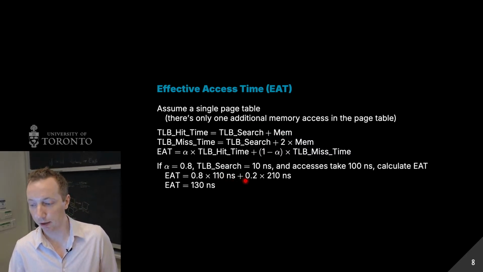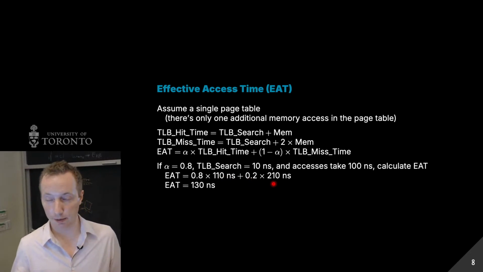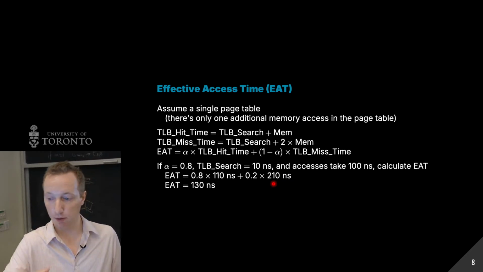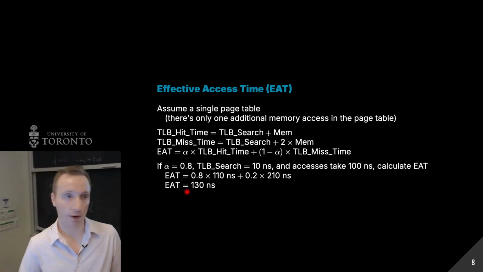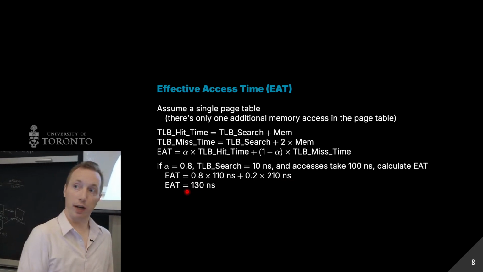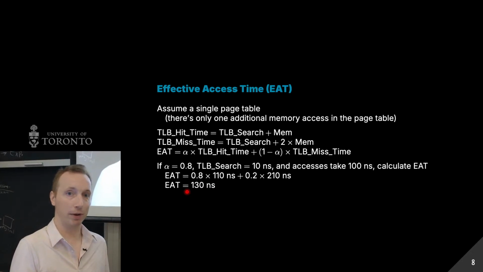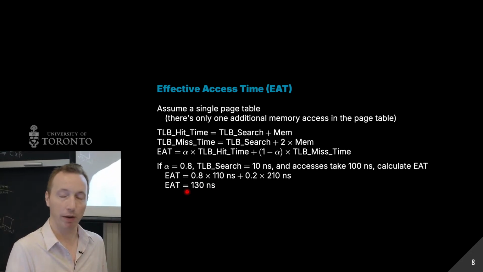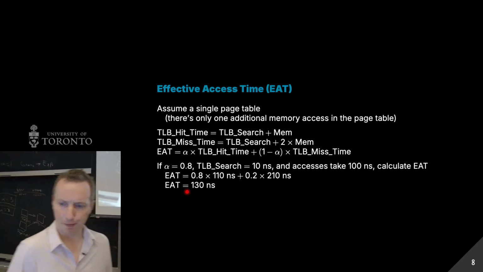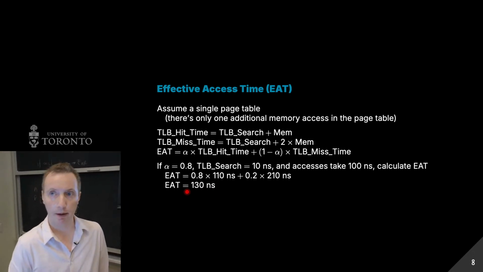And then 20% of the time it takes 210 nanoseconds. So I have to search the TLB and then find the entry and then do the original memory access. So the effective access time in this case would be 130, which means it's only 30% slower than just using physical memory. So not as bad, and in the real world, your hit proportion would be slightly higher than that.